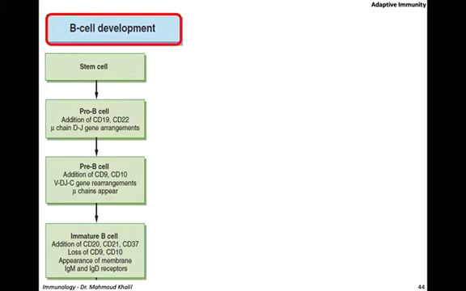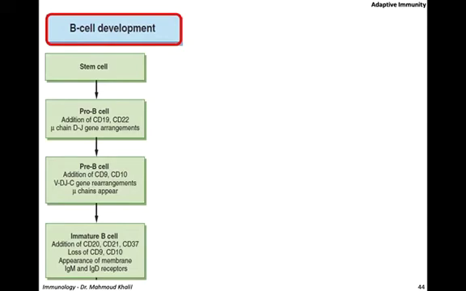You can see the stem cell, once the mu chain and DJ gene rearrangement have occurred, and with the addition of CD19 and CD22, differentiates into a pro-B cell.